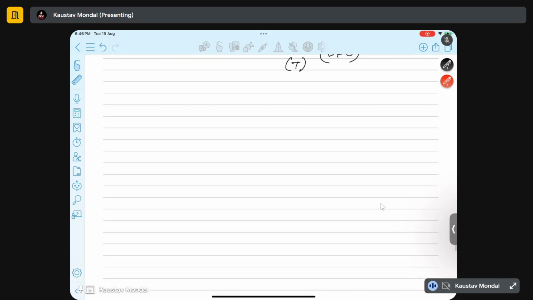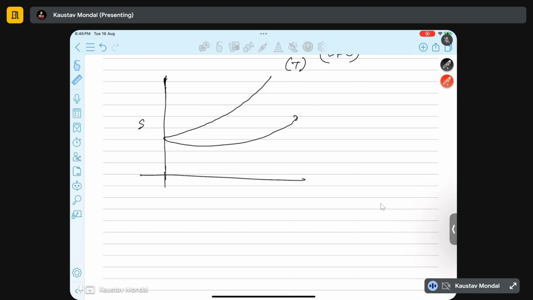Okay. So now let me draw the entropy versus temperature. So yes, this is the unmagnetized, this is the magnetized. In this case B is not equal to 0, this is B equal to 0. This is the temperature and this is the entropy. When B is equal to 0, it's unmagnetized.